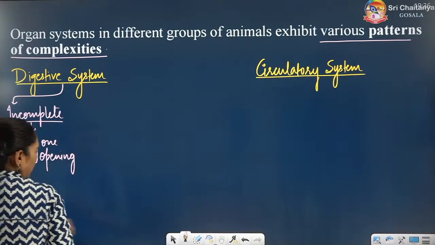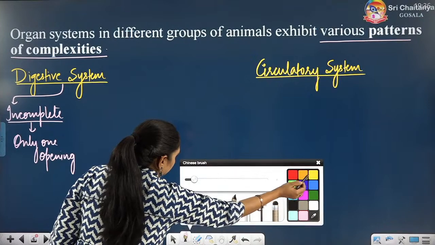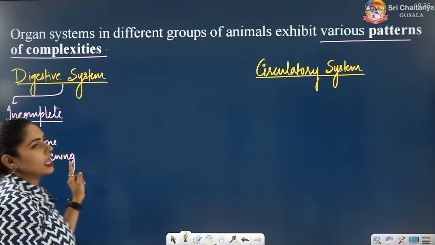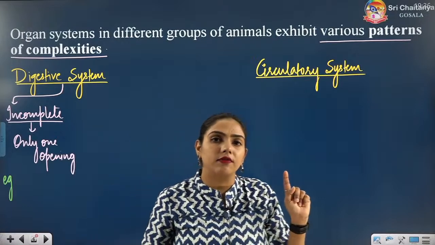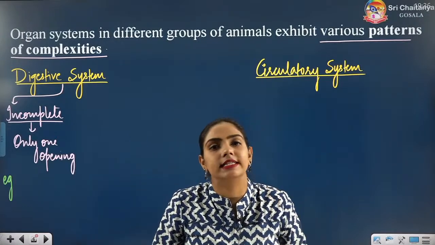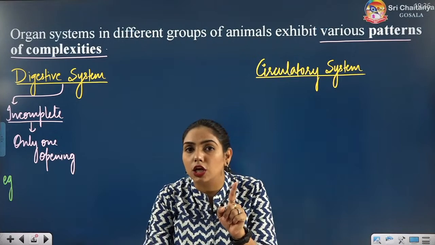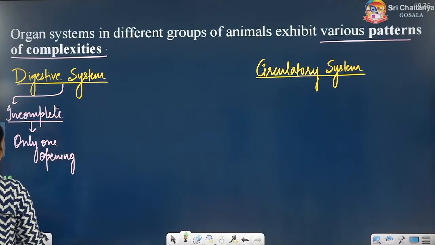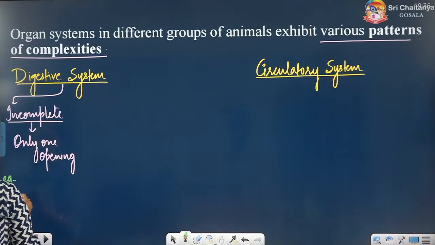The examples will be the same examples which we have done for the blind sac body plan. They have a single opening, so the incomplete digestive system also has a single opening. So which are the phylums? Please tell me in the comments.